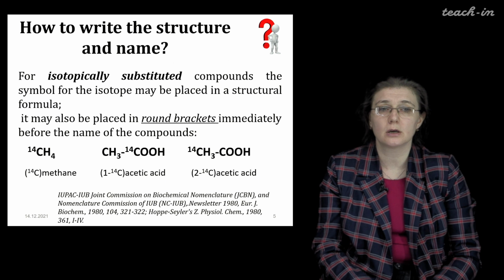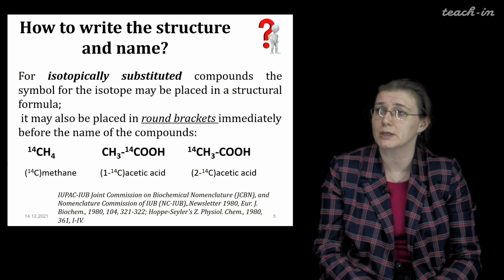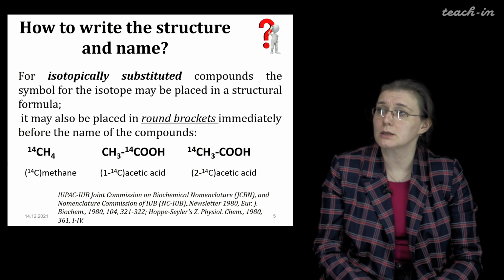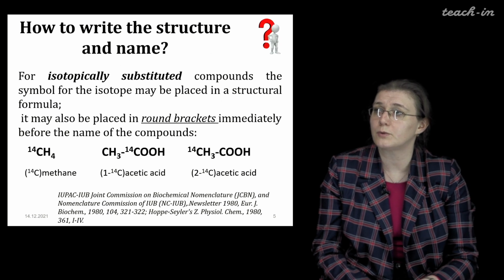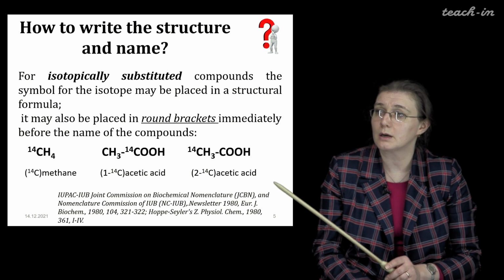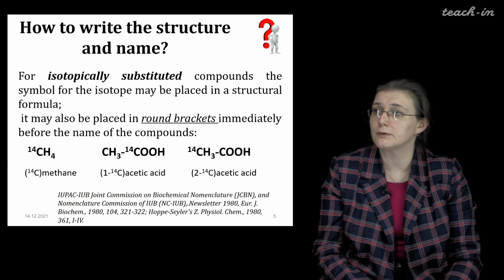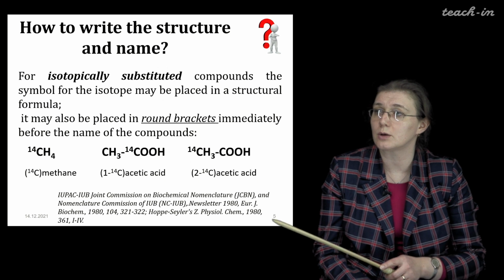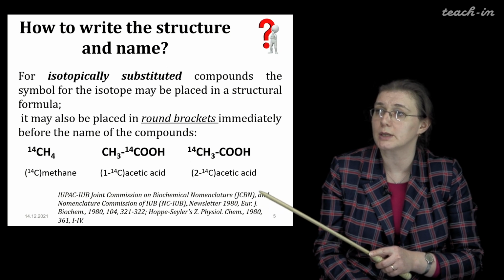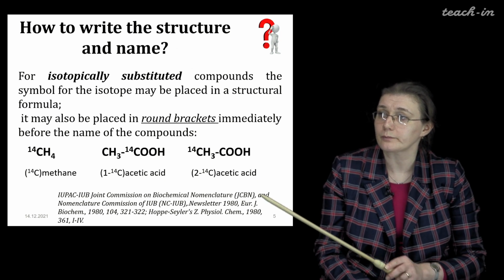The first question concerning labeled compounds is how to write a structure and how to give a name. For isotopically substituted compounds, the symbol for the isotope may be placed in the structural formula as written in the examples, and if we want to give a name, we should put it in round brackets immediately before the name of the compound.